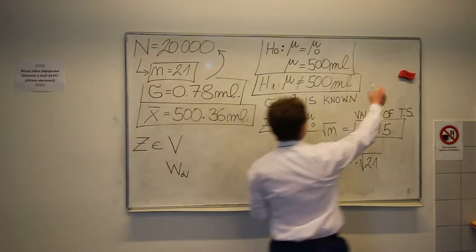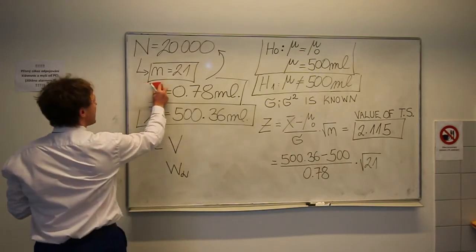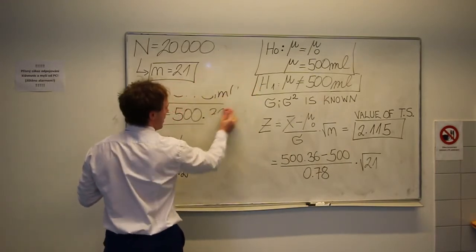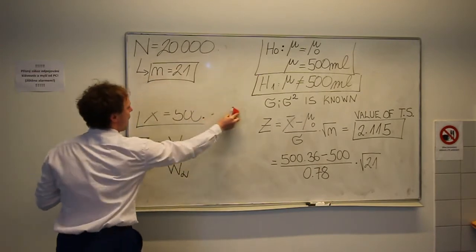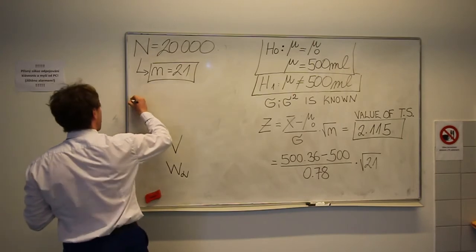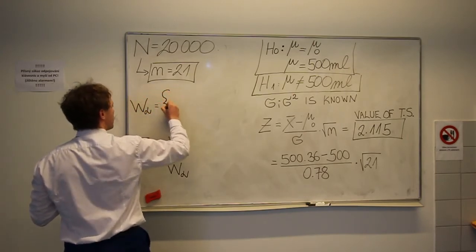So I will delete, for example, these characteristics, and I will write here from your formulas the form of the rejection region, W alpha is equal to.